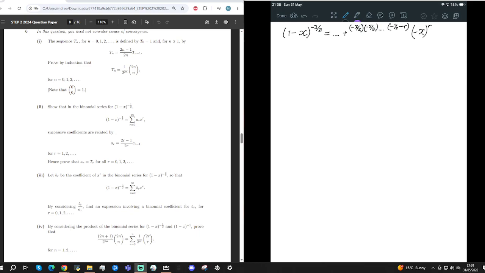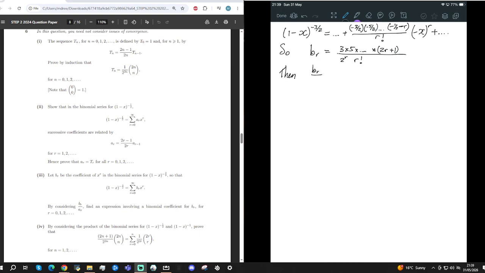So if I do take r is 1, the first power, I've got negative half minus 1, which is just giving me the bracket of negative 3 over 2 over r factorial plus dot dot dot. So BR is, and again the negative signs all match up, going to be 3 times 5 all the way up to 2r plus 1 this time, over 2 to the r, because I've stolen all those halves, r factorial.